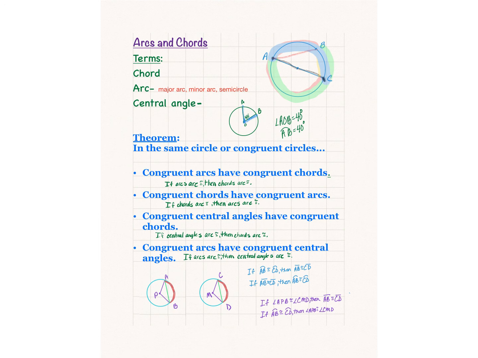They can be confusing, but they kind of make sense if you think about it. And this is true in the same circle or congruent circles. So down here I have my congruent circles, circle P is congruent to circle M. And up here I have my same circle. So we'll take a look at these in both of those cases.